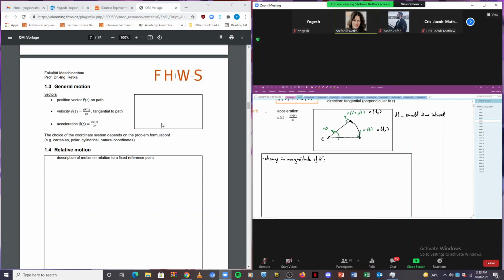Now our velocity, or our small change of the velocity, can be written like this, dv. This d always refers to the change of the specific variable, velocity in this case.